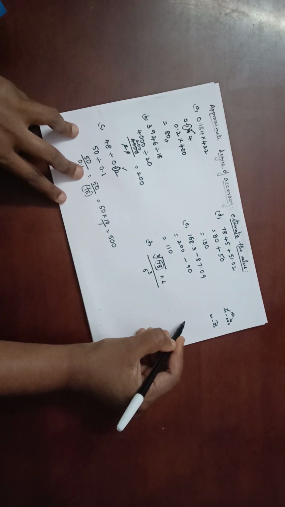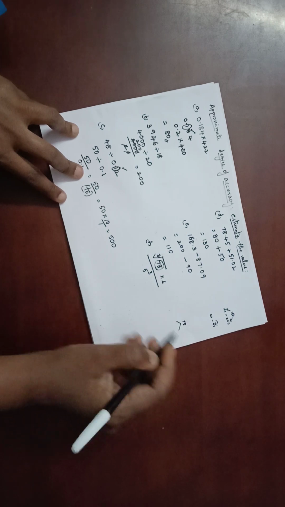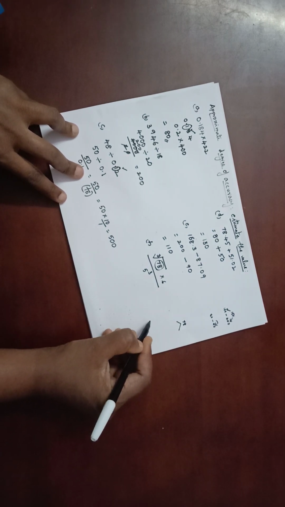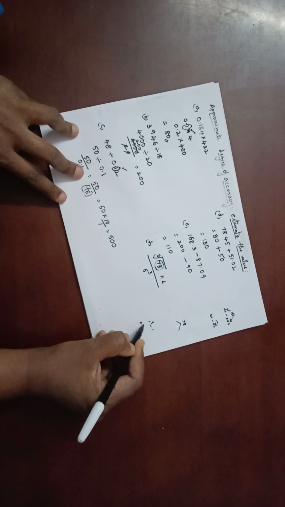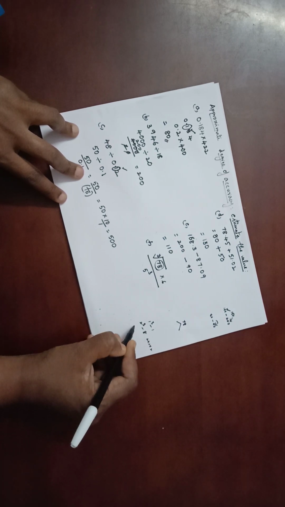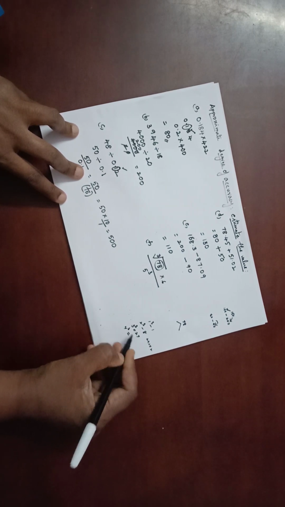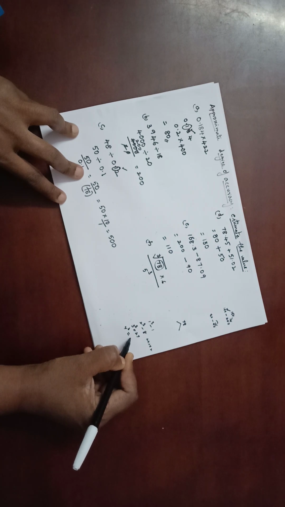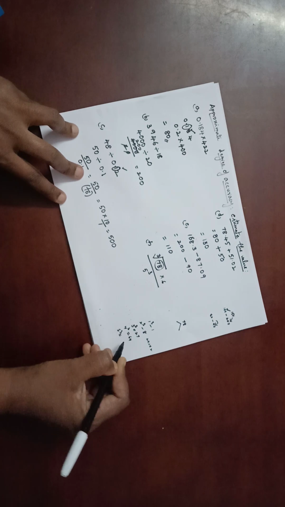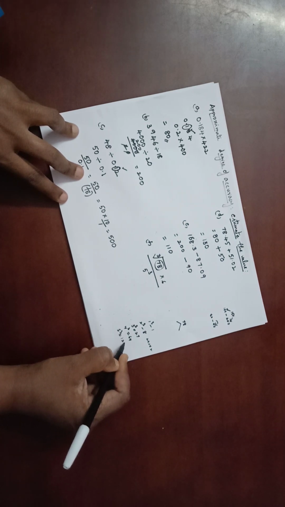So 78 is in between which cubes? First, 1 cube is 1. 2 cube means 2 into 2 into 2, which is 8. 3 cube means 27. 4 cube: 4 4s are 16, 16 4s are 64. 5 cube means 5 into 5 into 5: 5 5s are 25, 25 5s are 125.